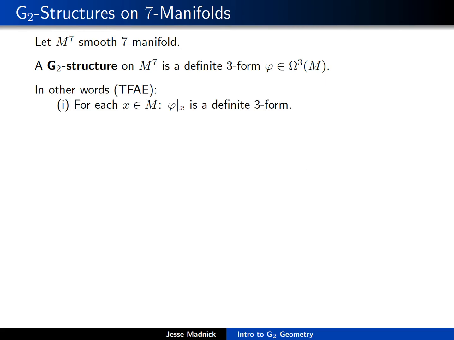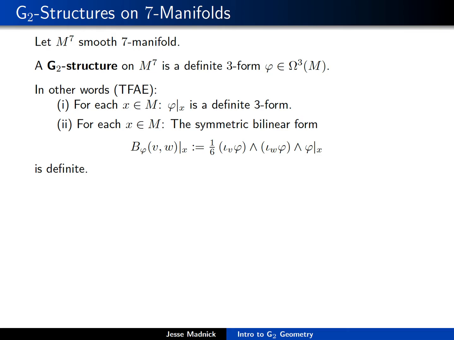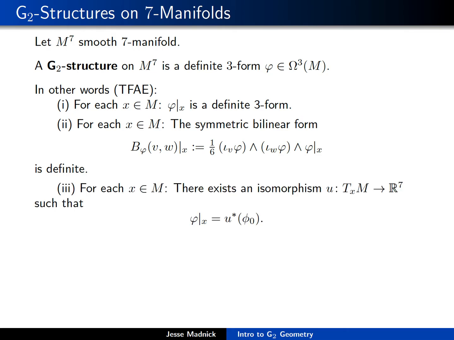And what I mean by that is that at each point x, phi at x is a definite 3-form. So in other words, unwinding the definition, at each point x, this symmetric bilinear form is definite. But by what we said before about how the definite 3-forms are really the orbit of phi0, there's an equivalent characterization. Okay, so all of these conditions are equivalent.